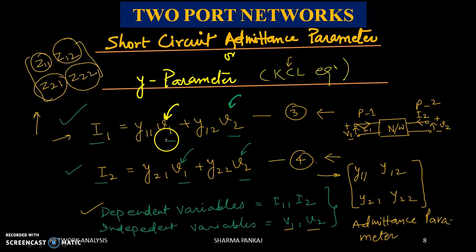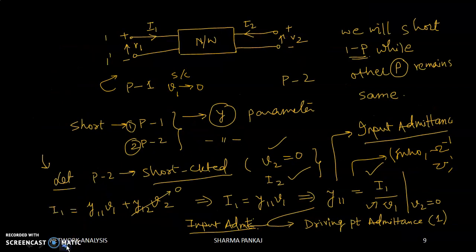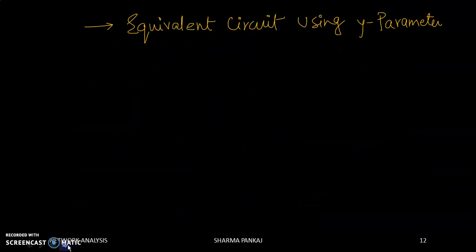It is a voltage controlled current source. Also, I1 equal to Y12 V2 is also a voltage controlled current source. The output is current, but its output depends on the value of the voltage V2. So this equivalent circuit will have a voltage dependent current source or voltage controlled current source.